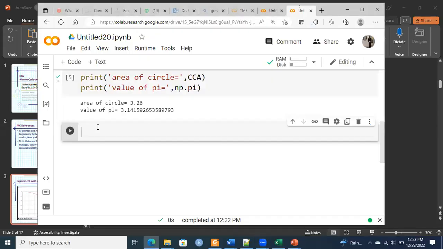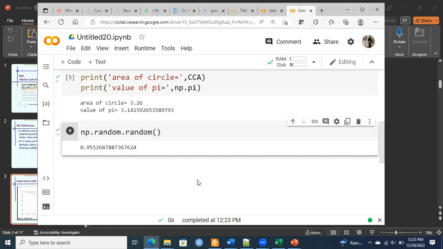Now let's do that in a Python program. Python has a random number generator, which generates random numbers between 0 to 1. So if I write, for example, from numpy the random library, and I write random, it returns a random number, 0.9.